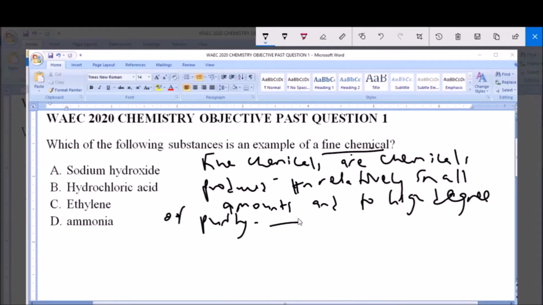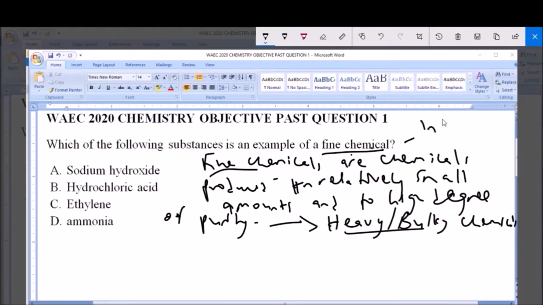Now, the opposite of fine chemicals are heavy or bulky chemicals, and these two terms are basically used in industries to describe the type of chemical being produced.